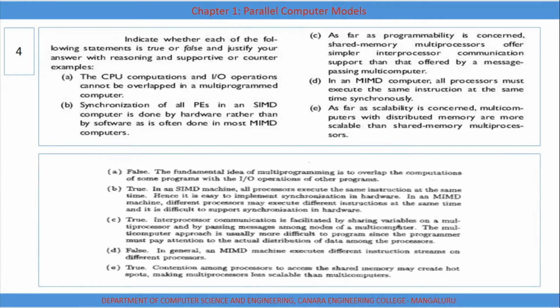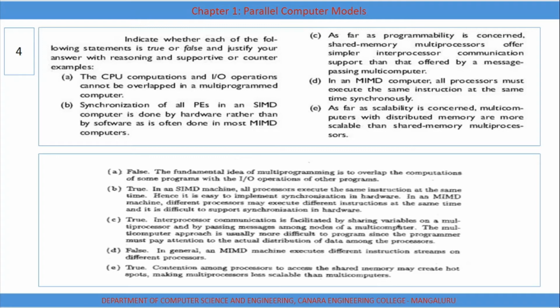The first statement A is false because the fundamental idea of multiprogramming is to overlap the computations of some programs with the I/O operations of other programs. So that statement is wrong. The second statement is true.